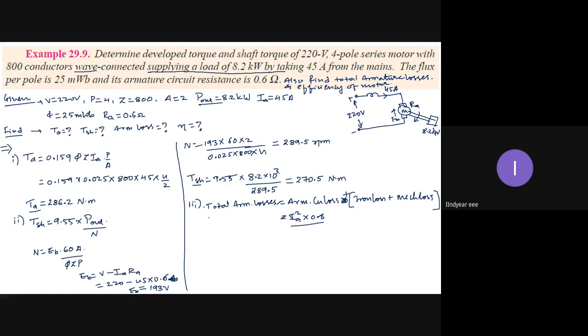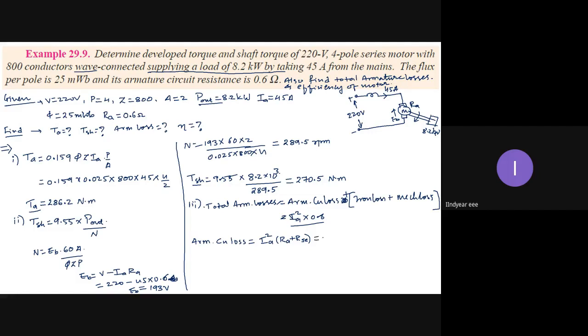Because whenever I want to find the efficiency, it should be power output, electrical output. So what will I do now? Armature copper losses I will take separately here. Armature copper loss is equal to IA square into (RA plus RSC), because it is a series motor, and combined, the armature circuit has a resistance of 0.6.